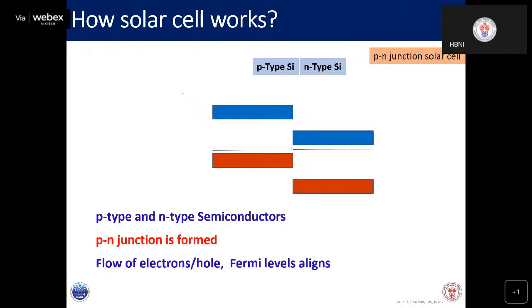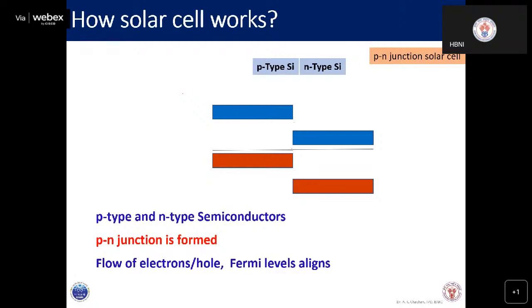Now, if Fermi levels are aligned, there is an abrupt change in the band. That is also not possible because in this situation, electrons will start to flow from one place to another, as we explained yesterday. That is the diffusion and drift.